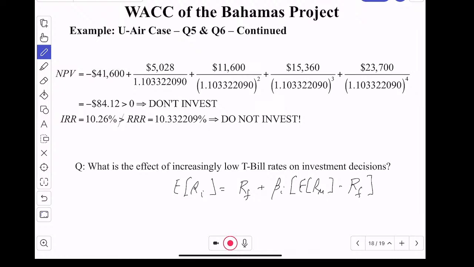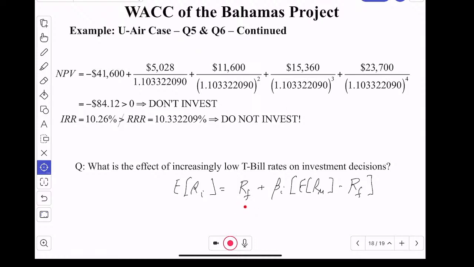So T-bill rates have been unprecedentedly low in the last 10 years, almost a decade. And that keeps this low.